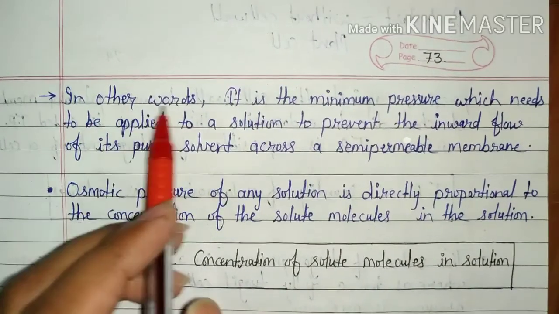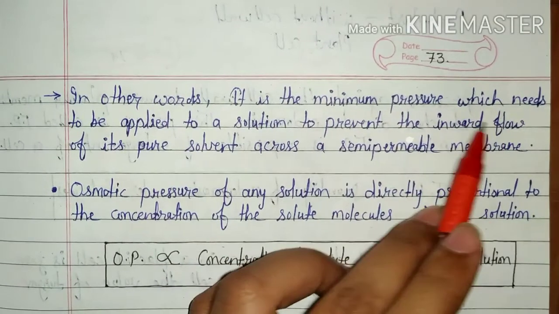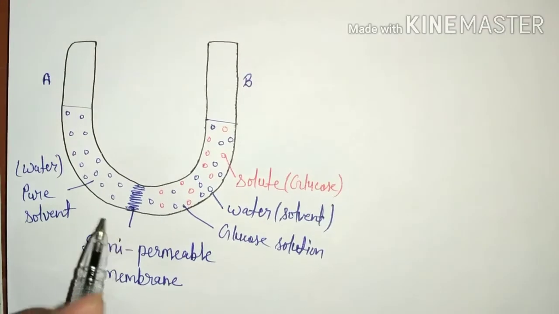In other words, it is the minimum pressure which needs to be applied to a solution to prevent the inward flow of its pure solvent across a semi-permeable membrane.